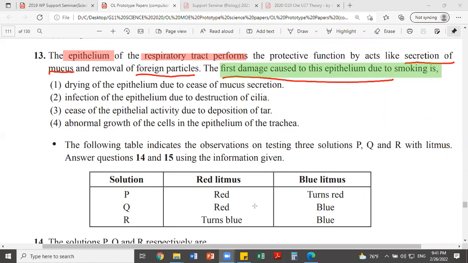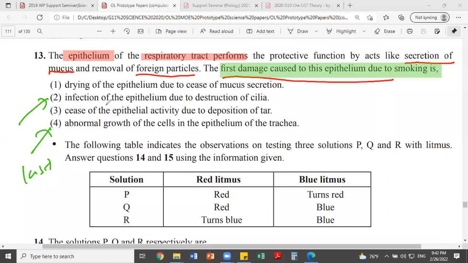This is the last step. Abnormal growth of the cells means that is actually cancer, right? That is the last one. Infection, that is one before the last one, that can cause infection of the epithelium due to the destruction of cilia, that is due to the deposition of tar. Tar gets deposited and drying of the epithelium due to the cease of mucus secretion. First one will be the most correct answer.